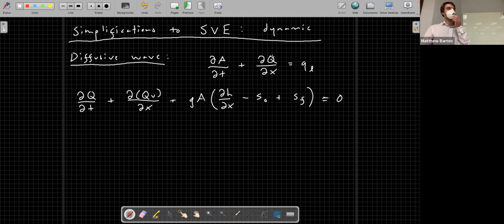For the diffusive wave, we're going to keep the continuity equation exactly the same, but we're going to remove the change in momentum terms from the momentum equation. So this will go to 0, and this will go to 0. Okay. So essentially, we're removing the change in momentum from the momentum equation.